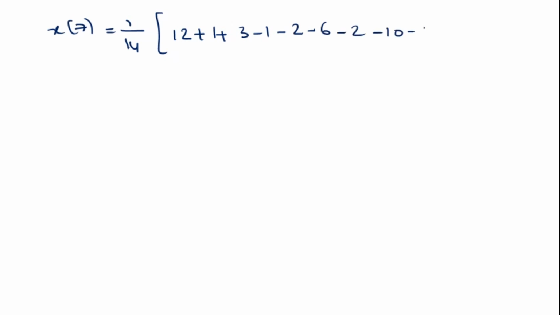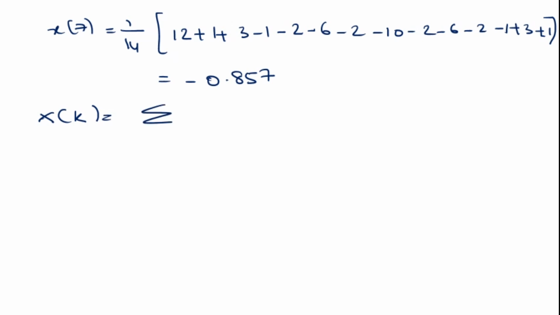Then x of 7 is equal to 1 by 14 into 12 plus 1 plus 3 minus 1 minus 2 minus 6 minus 2 minus 10 minus 2 minus 6 minus 2 minus 1 plus 3 plus 1, which is equal to minus 0.857.